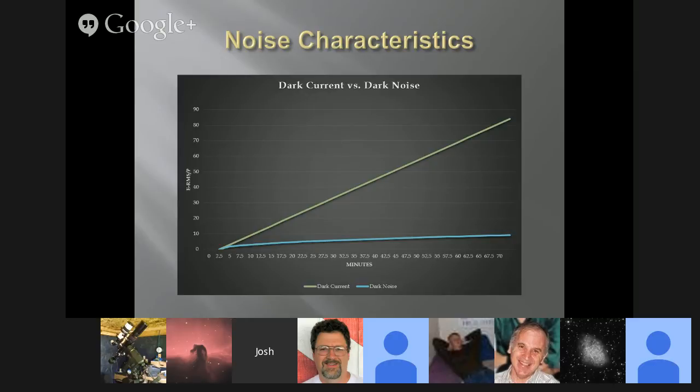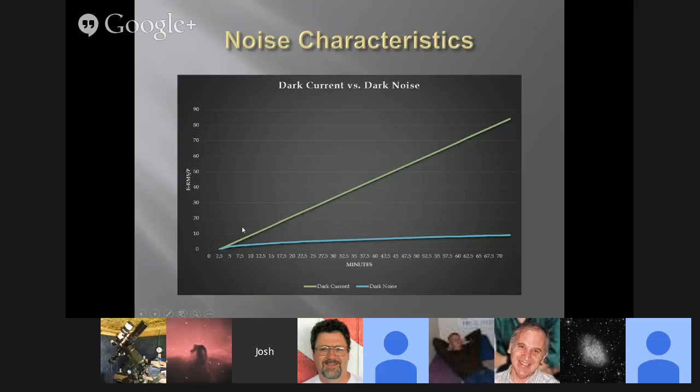Dark current is just the buildup of charge in your sensor due to usually the heat in the sensor. So your noise is always going to be the square root of your actual count. So if you look at this graph, the thing that can be calibrated out pretty well and pretty easily is your dark current. As you can see, over time, it's just going to be linearly building up.